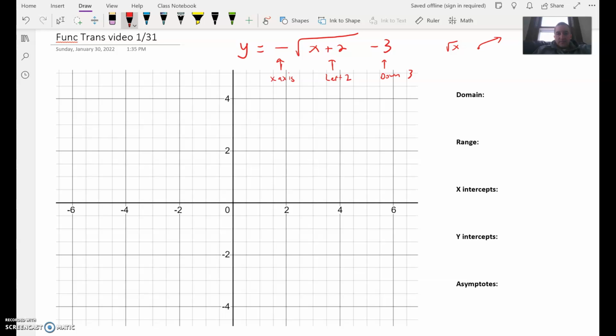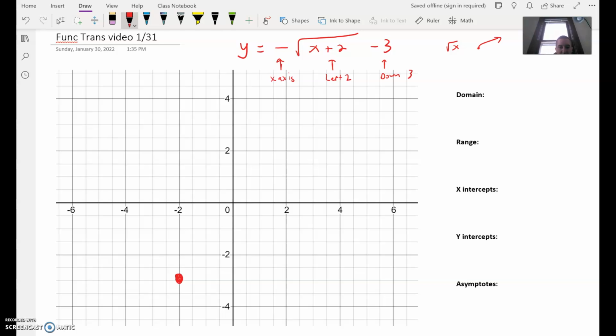So if a normal parent graph looks like a normal square root graph, it starts at 0, 0 and then takes off. This one is reflected over the x, so it's going to go that way. And then it's being moved left 2, which is right here, down 3, which would be right there.